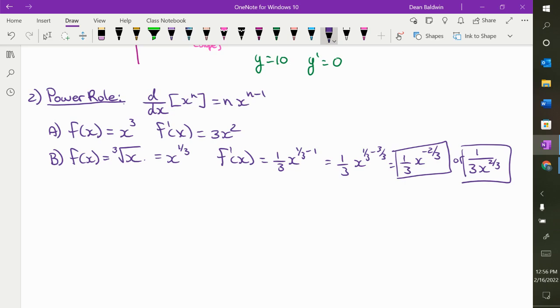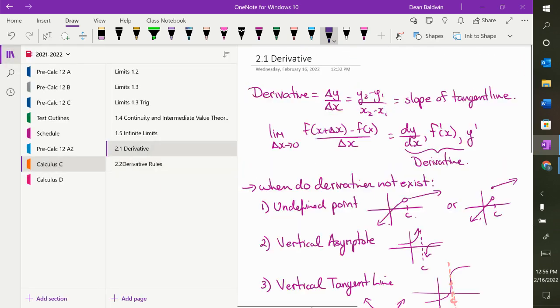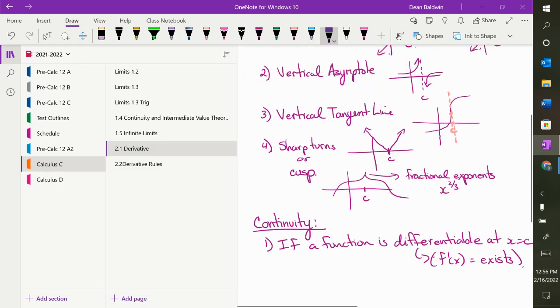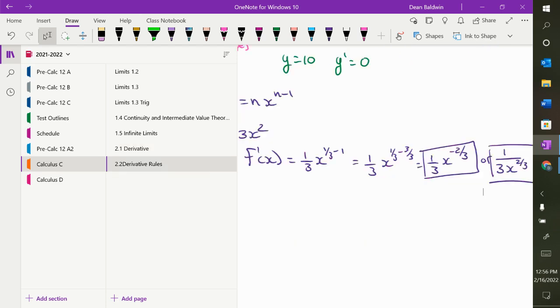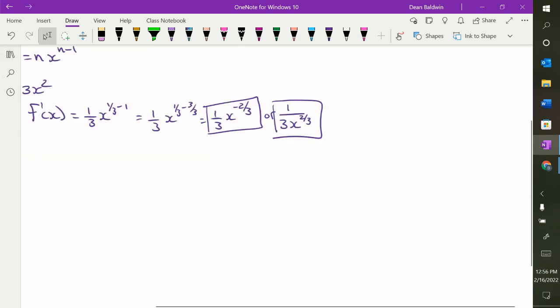Remember I told you in this one, sorry, I'll put this back up in a sec, I said you had undefined derivatives for fractional exponents. It's because when you take the derivative of a fractional exponent, you take 1 away from the exponent, right? When you take 1 away from an exponent that is less than 1, you create a negative number, which means when you write it, it drops down to the denominator now.